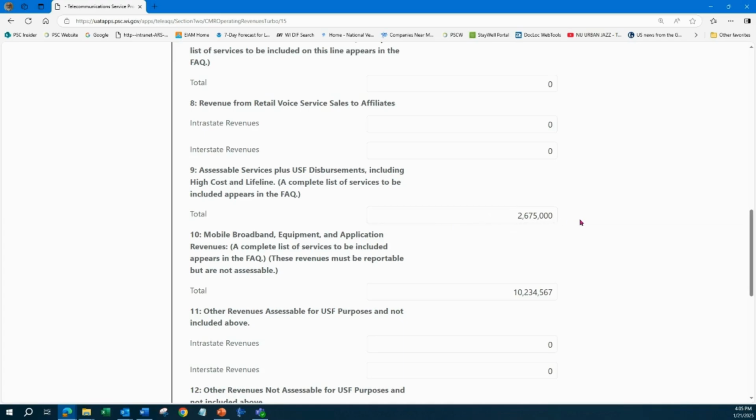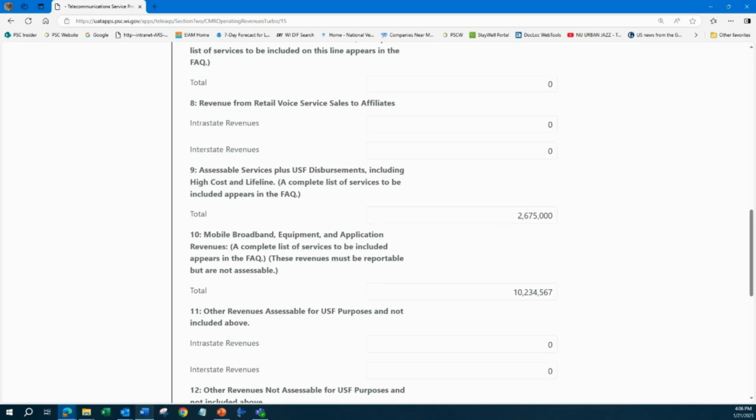Now, line 9 is a series of accessible voice services. So other than traditional voice, we're talking things like paging and so forth. And then disbursements from the Lifeline program or high cost assistance.